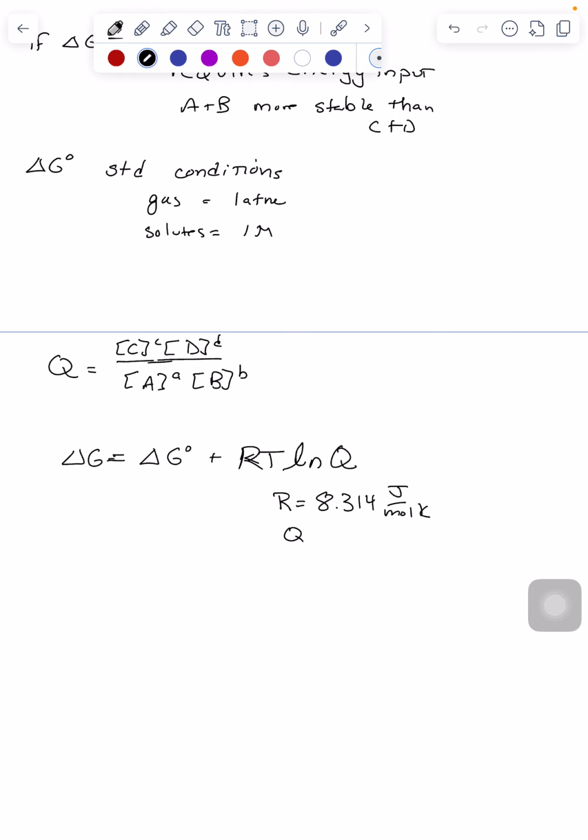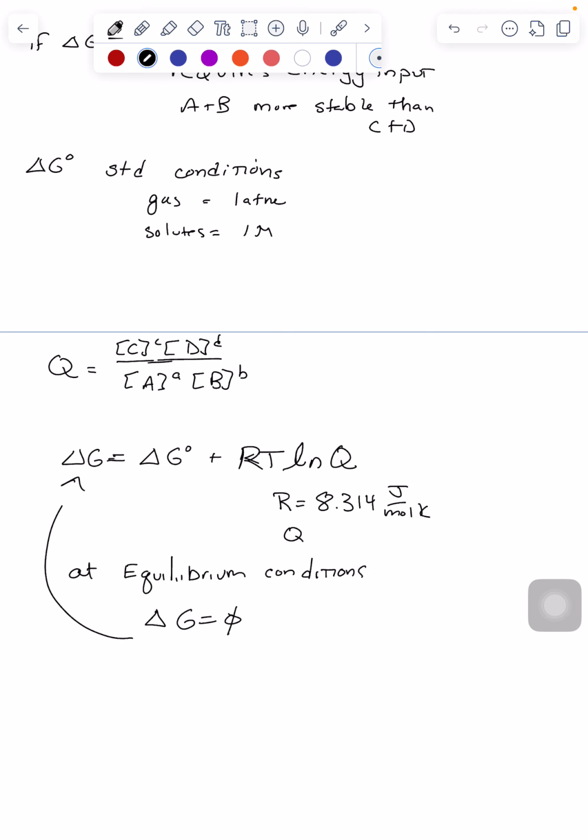Okay, so now when we have equilibrium conditions, delta G is equal to 0.